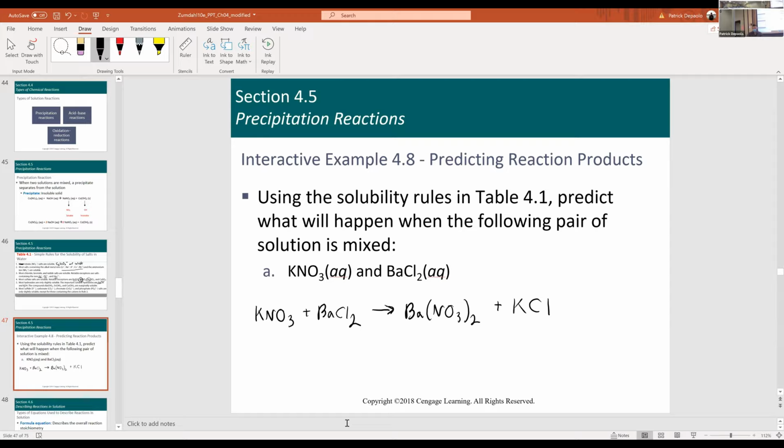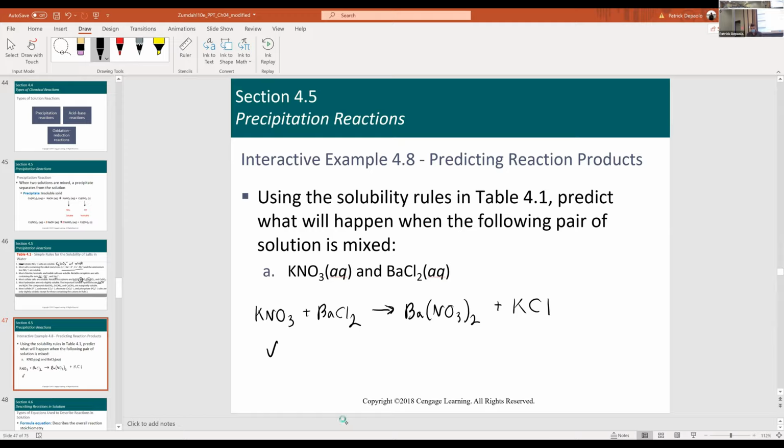Yeah, okay. This is an interesting one. So let's see. Is potassium nitrate soluble? Hell yeah, super soluble, right? Potassium is soluble and so is nitrate, so that's soluble. Barium chloride, it's soluble, and the reason why you know is because they tell you.